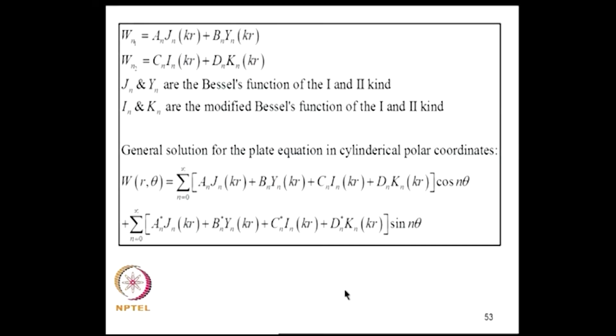Now, the solution to this pair of equations can be obtained in terms of Bessel functions, Bessel functions of first and second kind and the modified Bessel functions of first and second kind. So, we can construct for cylindrical polar coordinates solutions in this form. This can be used to determine the characteristic equation by imposing appropriate boundary conditions.